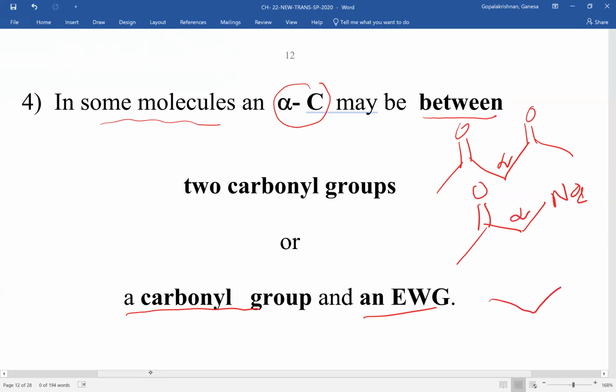Sometimes we see a molecule which contains two electron withdrawing groups, say CN, on the alpha carbon. So the hydrogens on these alpha carbons will be more acidic because they are subjected to inductive effect from two carbonyl groups.